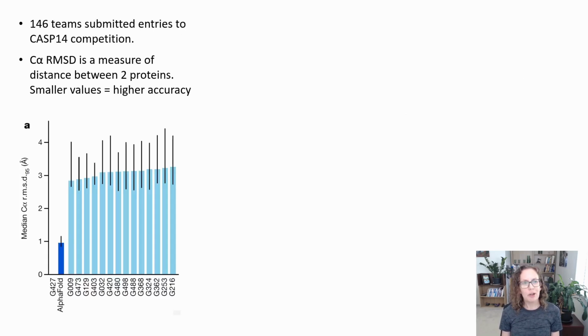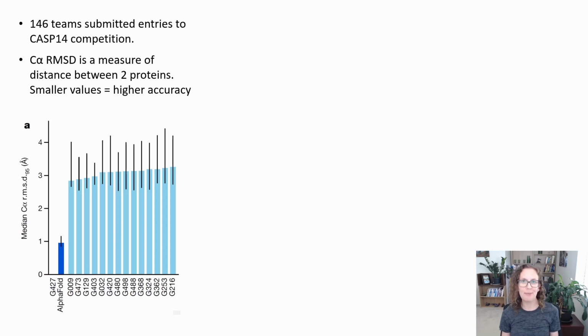So figure 1A in the paper shows just the top 15 teams and their scores in the competition. And you can see AlphaFold is number 1. And here, lower scores are better. The measure being used on the y-axis is a measure of how close the predicted structure was to the actual structure. So this is a distance.